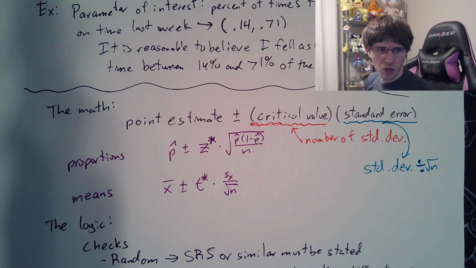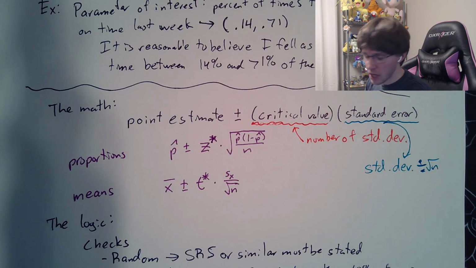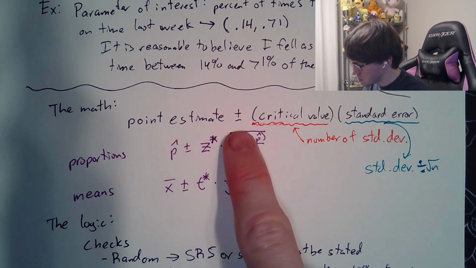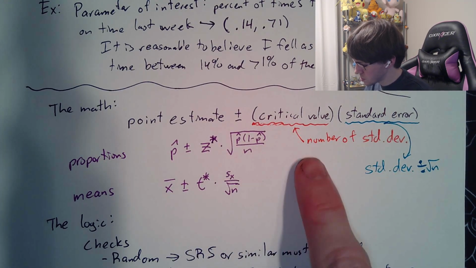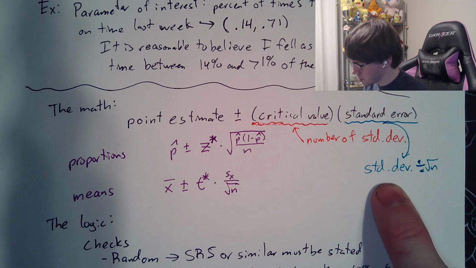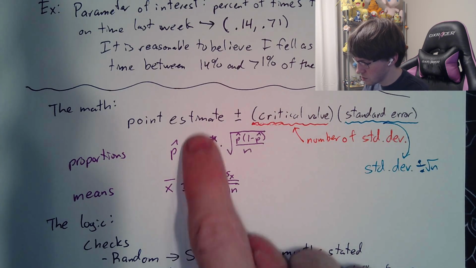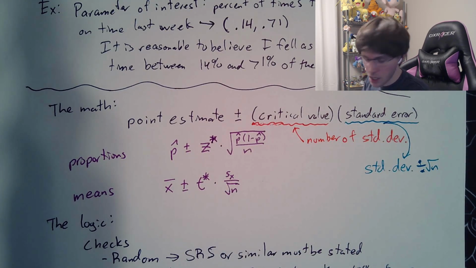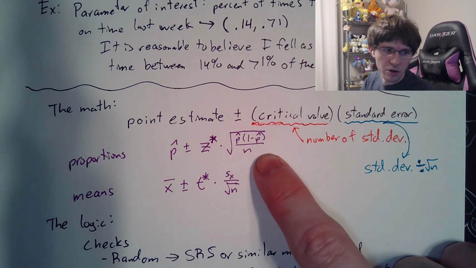For all the math questions, it is always going to be a formula that is the point estimate plus or minus the critical value, which is also known as the number of standard deviations, multiplied by the standard error, which is really a standard deviation divided by the square root of n. Here are two fancy versions of the formula, where p hat is a version of a point estimate, z star is a type of critical value, and this right here is a type of standard error.